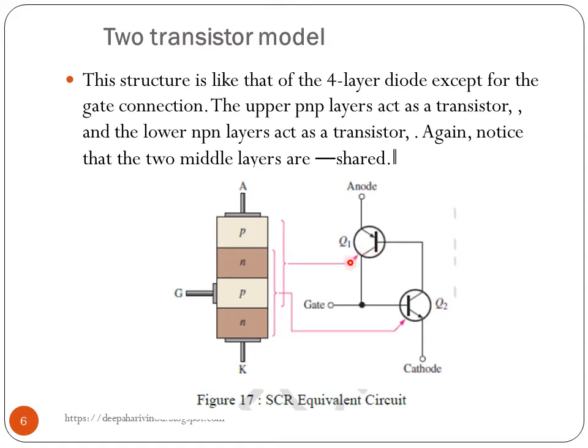This is the emitter, and this is the collector of NPN. It is given to the base of this Q2, and the collector of this is given to the base of this. So it consists of a PNP as well as an NPN. It shows a two transistor model.